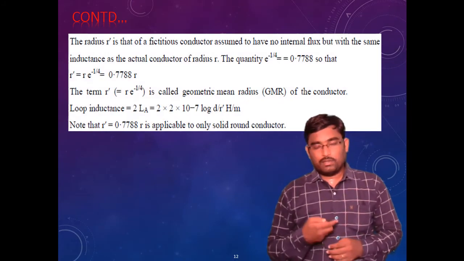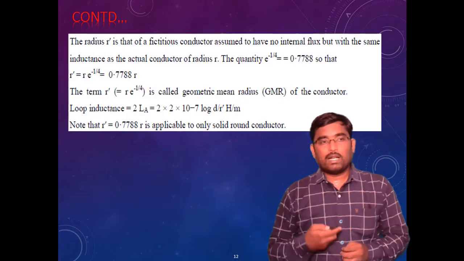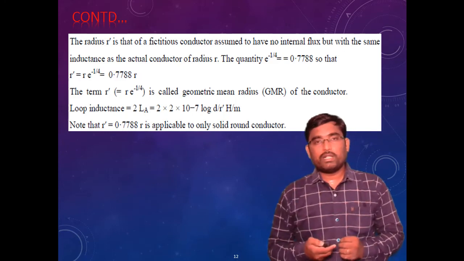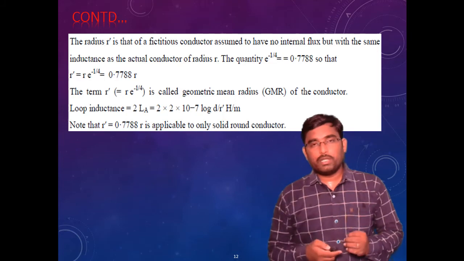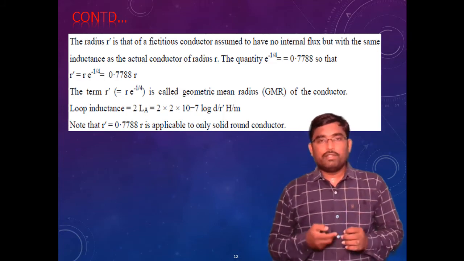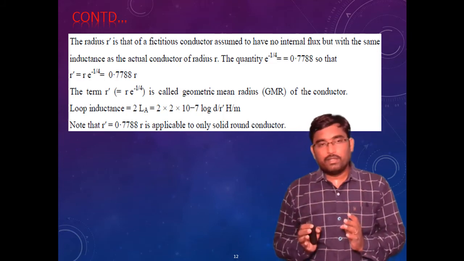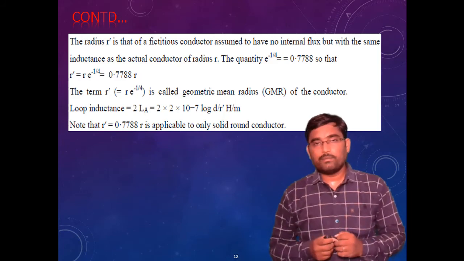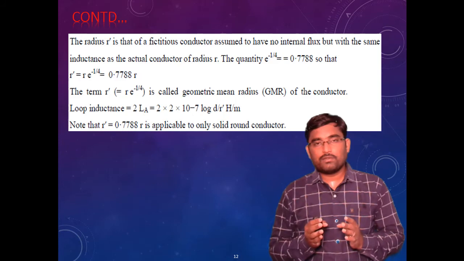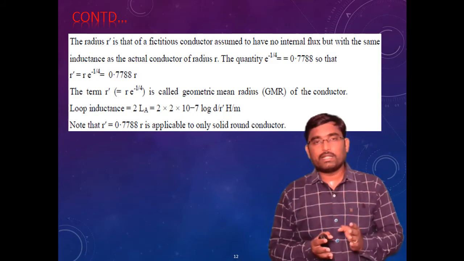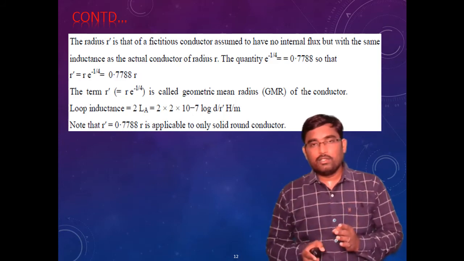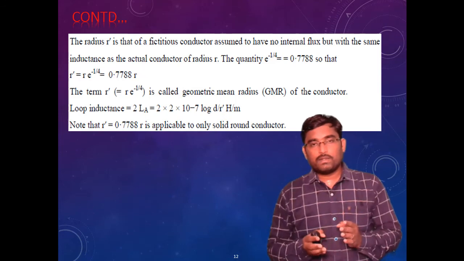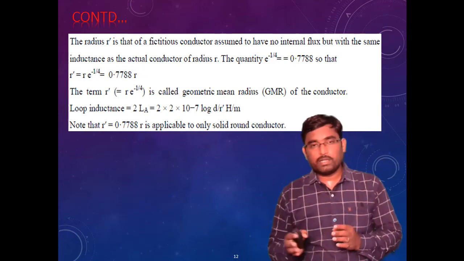Here, the exact meaning of r dash is r dash equals 0.7788 into r, which is generally said to be the geometric mean radius, the fictitious radius of the conductor, which has no internal flux linkage. If you write the expression of the inductance of a conductor having radius r, you have 2 into 10 power minus 7 into 1 by 4 plus ln of d by r.